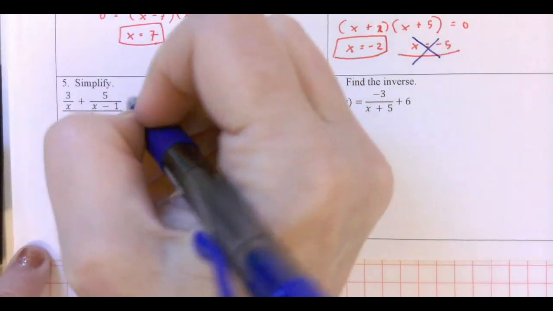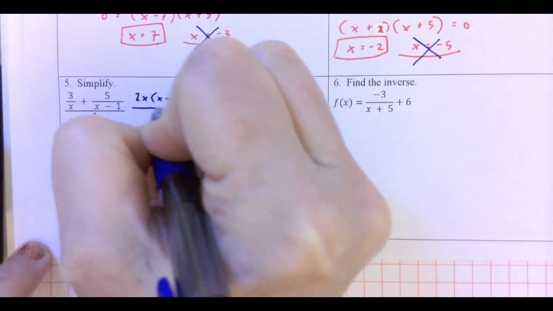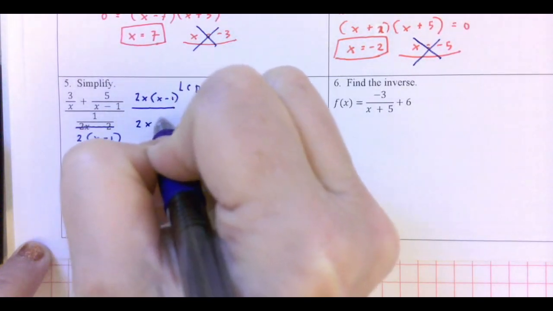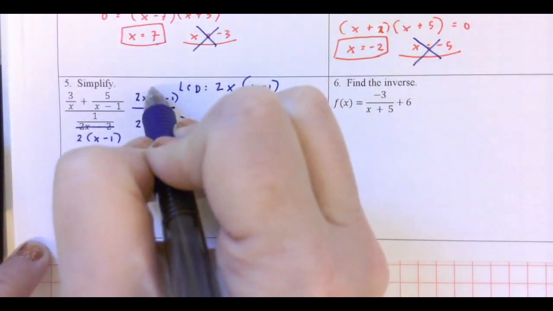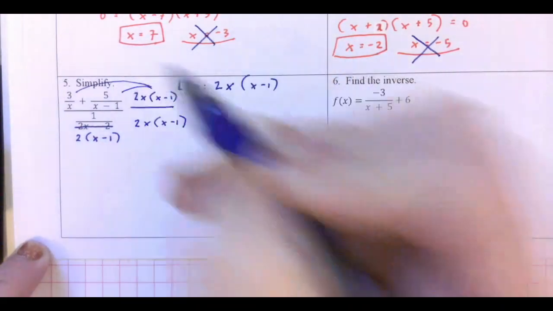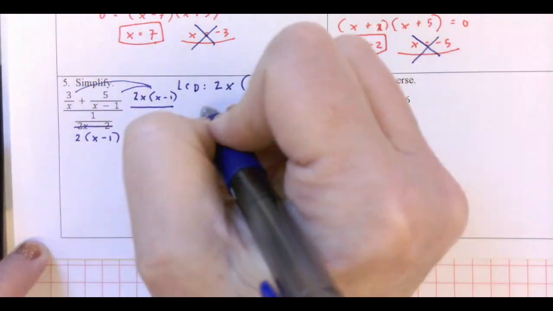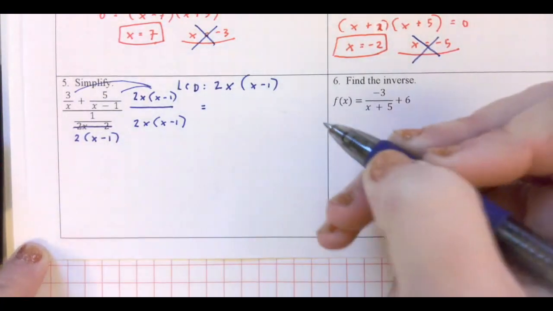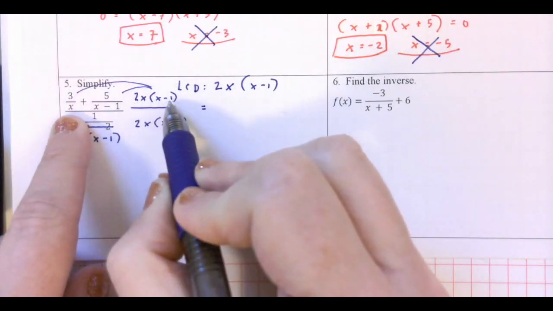So I'm going to multiply here 2x times x minus 1, over here 2x times x minus 1. I'm going to multiply this times the 3 over x and times the 5 over x minus 1 first. So in my next stage, 3 over x times 2x times x minus 1.